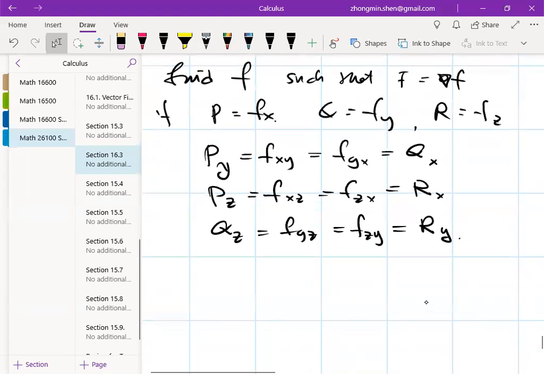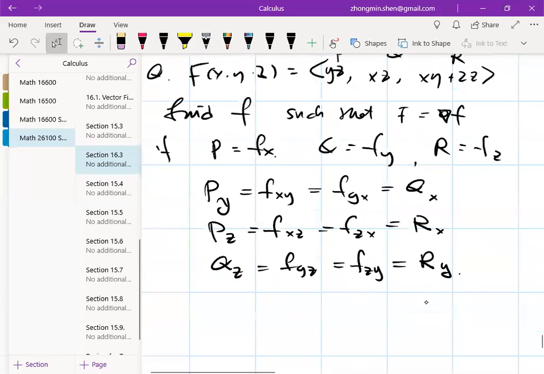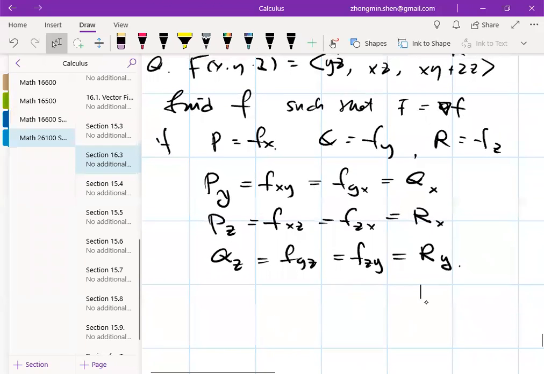But if those three equations are satisfied, then I'm pretty sure you are able to find f. This is a necessary condition. If the vector field is conservative, then the components P, Q, R must satisfy those three equations. But here we just assume that it's already conservative.